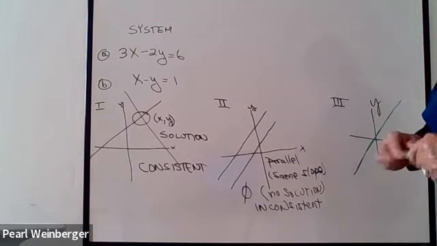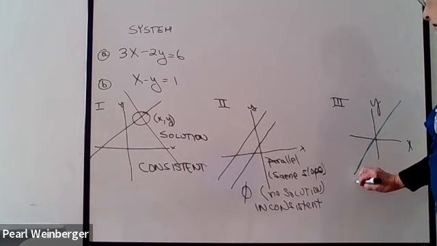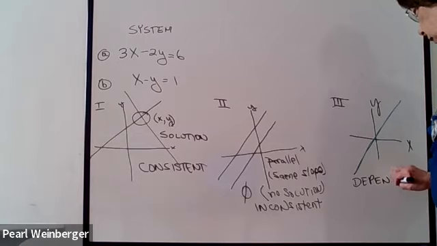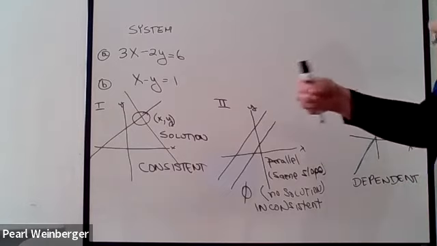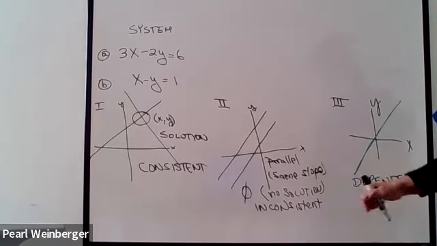One line right on top of the other. That's what's called a dependent system of equations. The two equations, the two lines, are not independent of the other. They're not different lines. They're actually the same line.